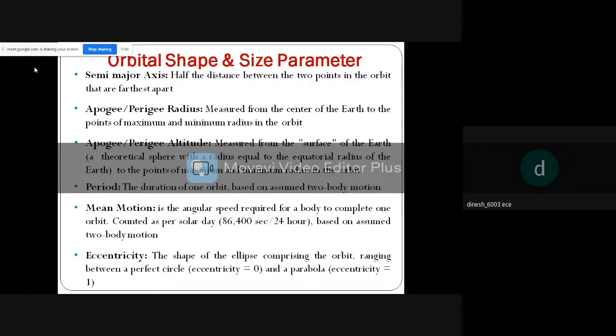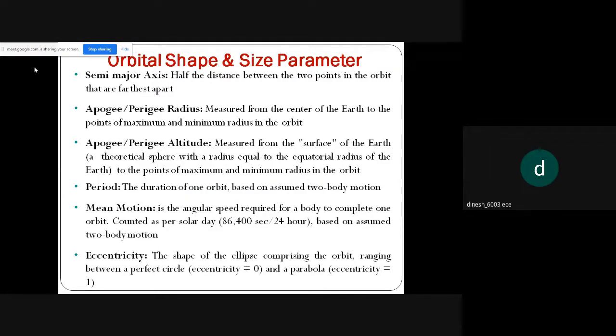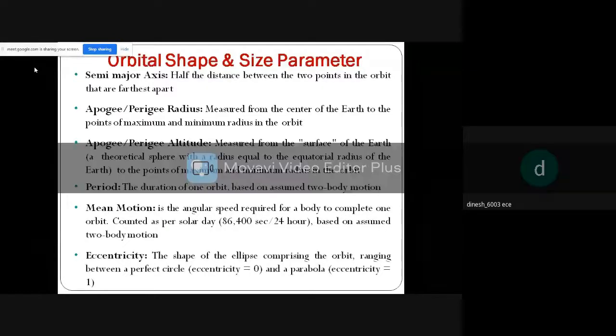So next is the apogee altitude or the perigee altitude. So the apogee altitude can be measured from the surface of the Earth to the points of maximum radius, whereas perigee altitude can be measured from the surface of the Earth to the points of minimum radius in the orbit.